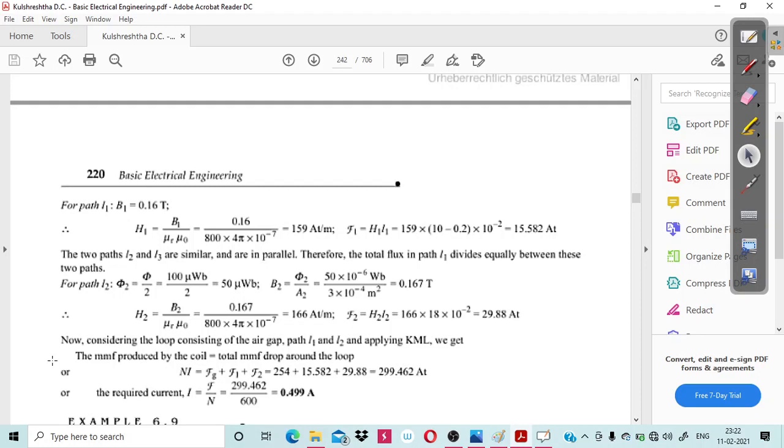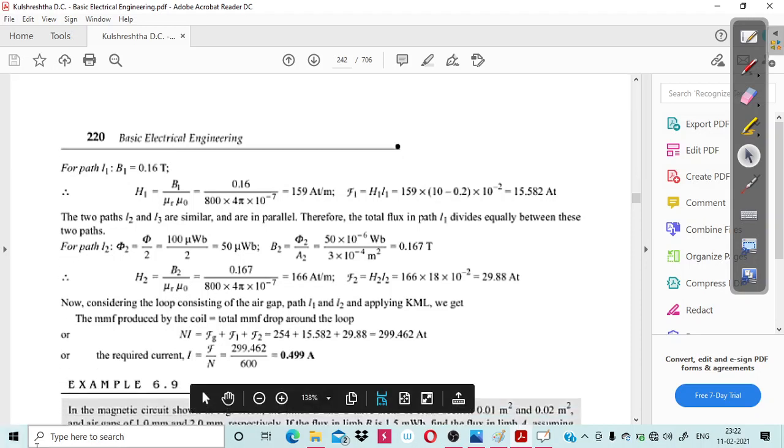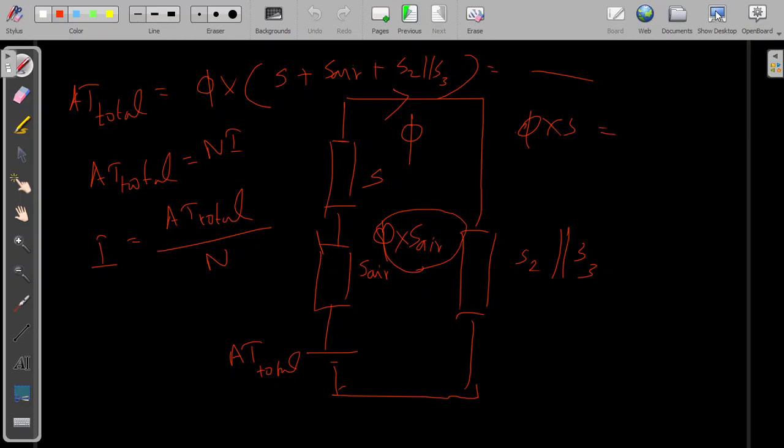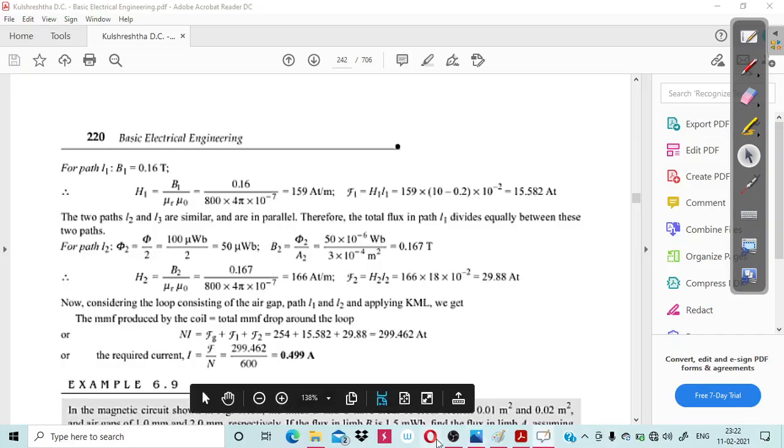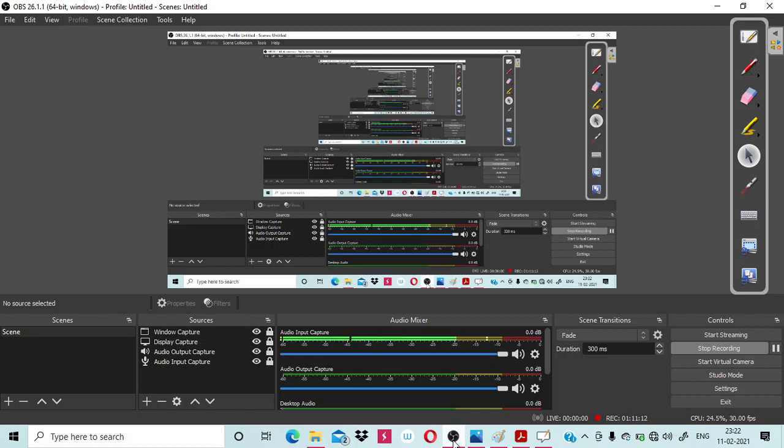Both will be equal, and finally they add Fg, F1 and F2, and then divide by the number of turns, capital N. So that is our two magnetic circuit problems: series magnetic circuit and parallel magnetic circuit problem solving. Thanks.